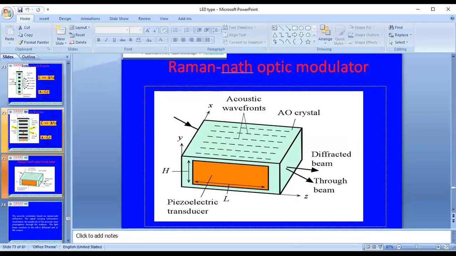In this case, the piezoelectric transducer, indicated as a yellow line, is considered. The length of this sensor will be L, the length of this beam will be L, and the total height of this beam will be H.